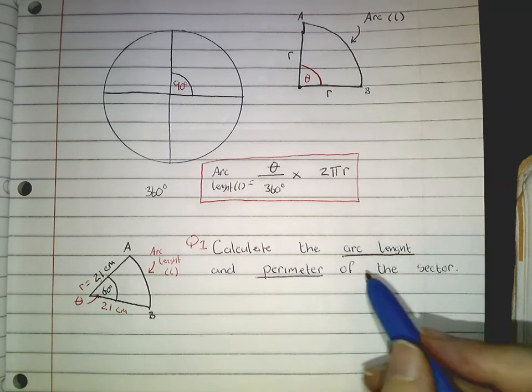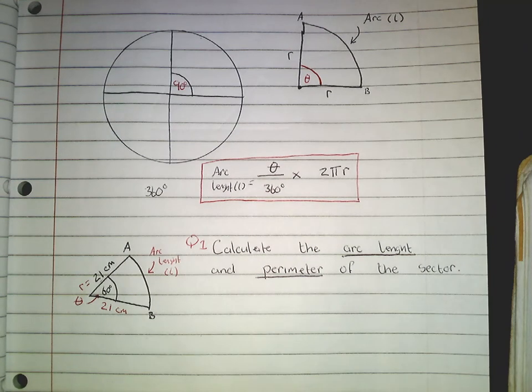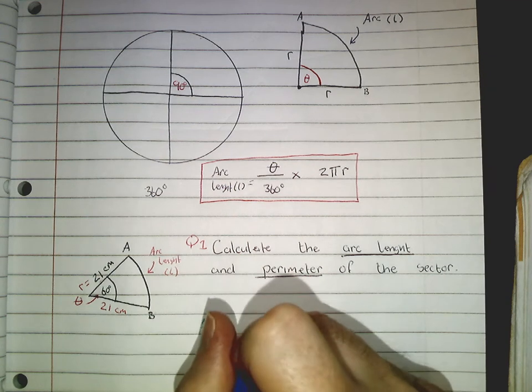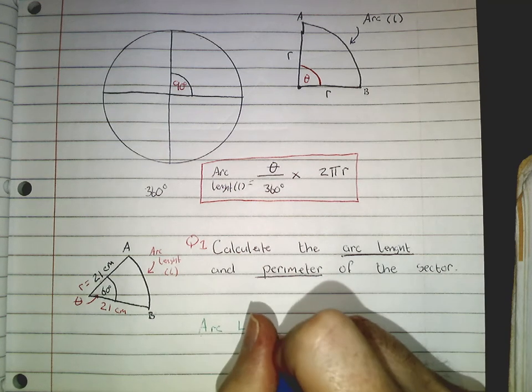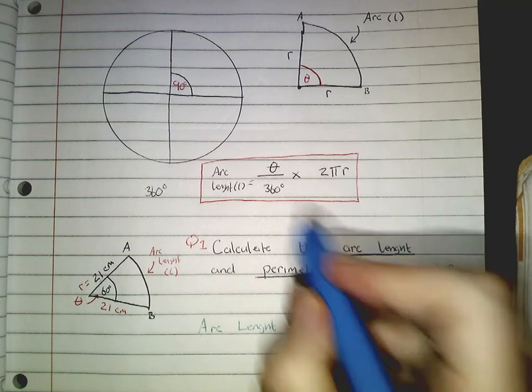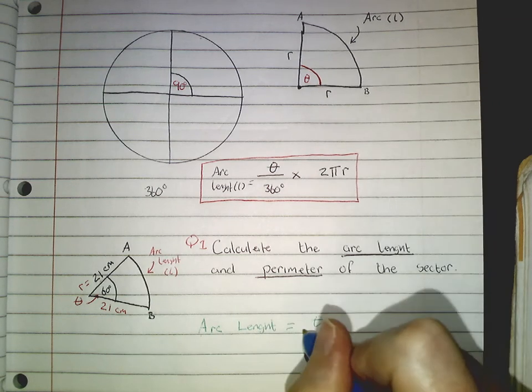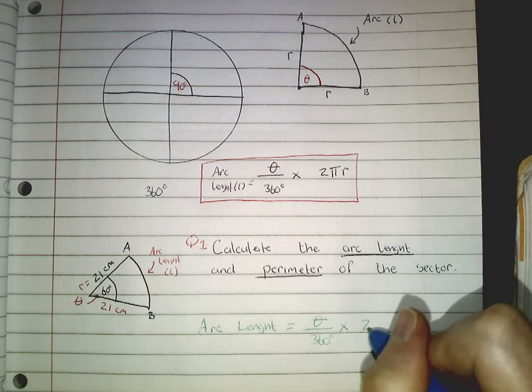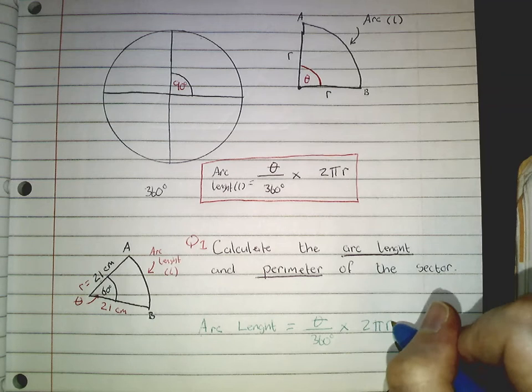So the first thing we want to do is get the arc length. So let's work out the arc length. Arc length is going to be equal to theta over 360 multiplied by 2 pi r.